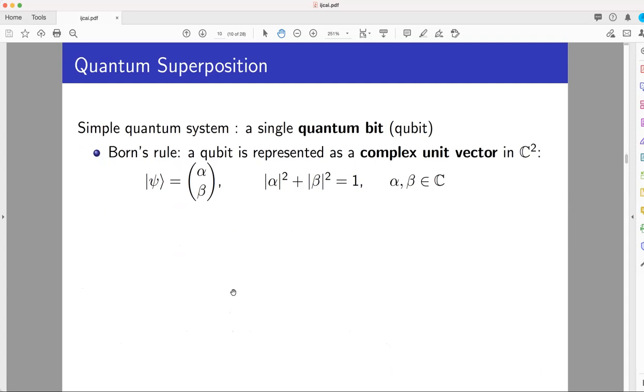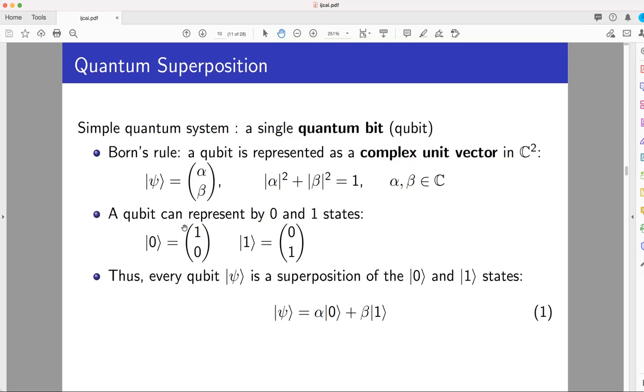A single quantum bit corresponds to a two-dimensional vector, where the first element corresponds to alpha and the second is related to beta, and there is Born's rule, which means that the sum of the squares of the elements equals 1. And then we see that |psi> means the quantum state is located in the two-dimensional Hilbert space.